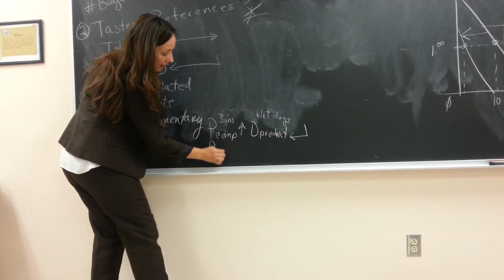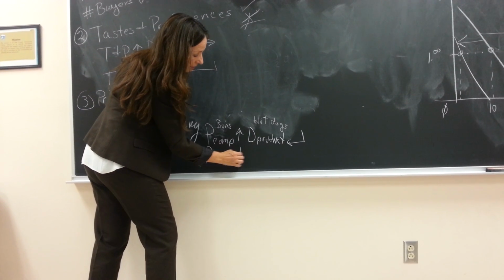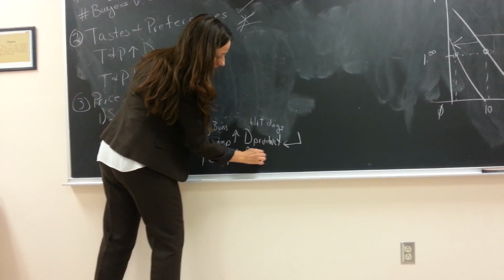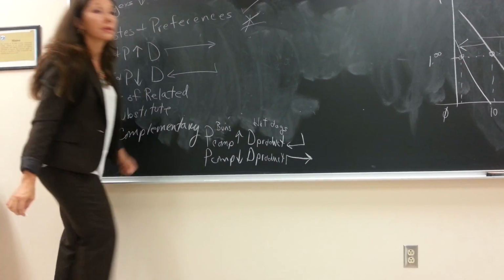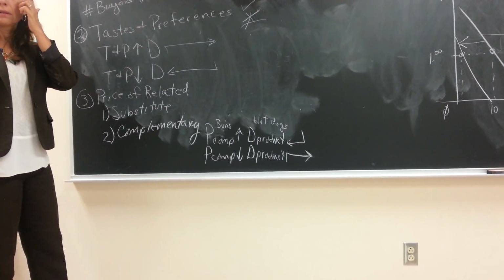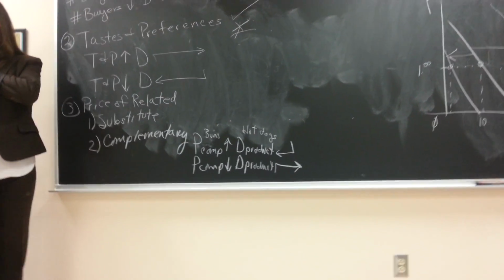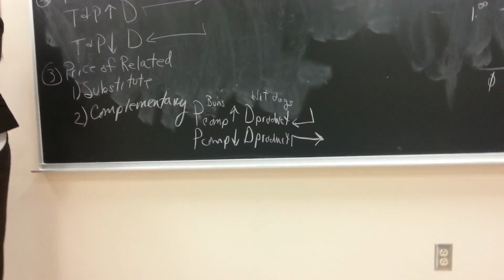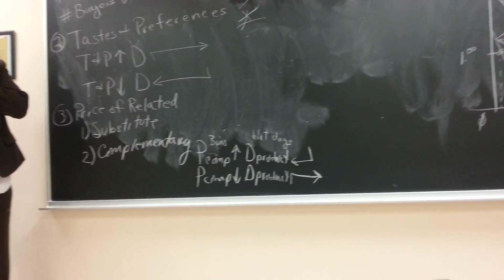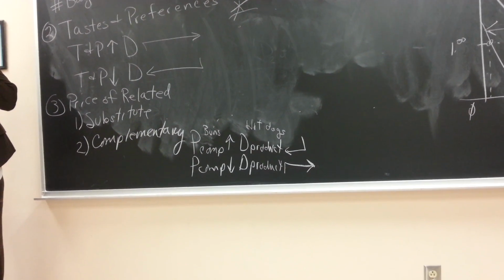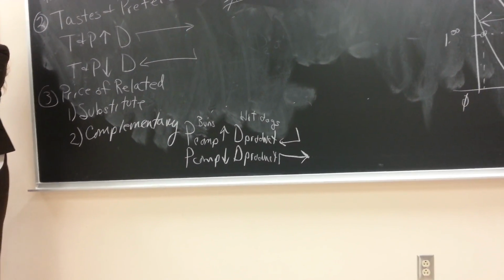If the price of the complement goes down, demand for the product will shift to the right. Okay, questions? Does that kind of make sense?